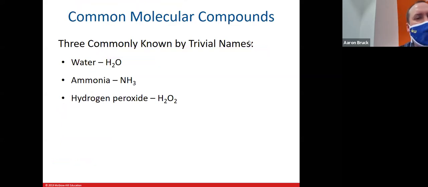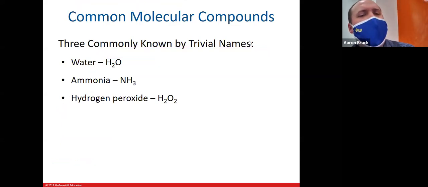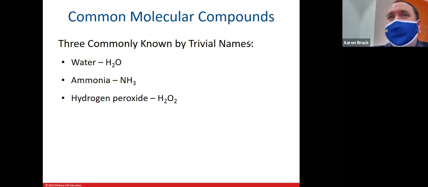Before we do some practice with this, there are 3 common substances that are molecular, but are not known by their traditional names. So instead of dihydrogen monoxide for H2O, it has been commonly known forever as water.